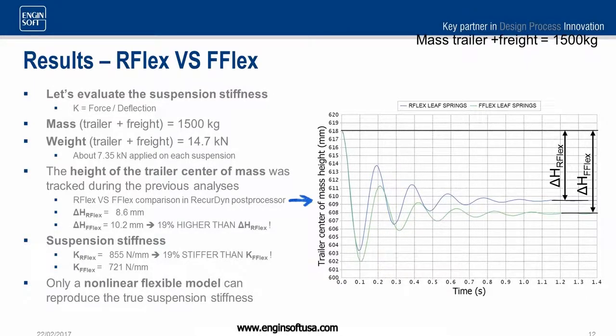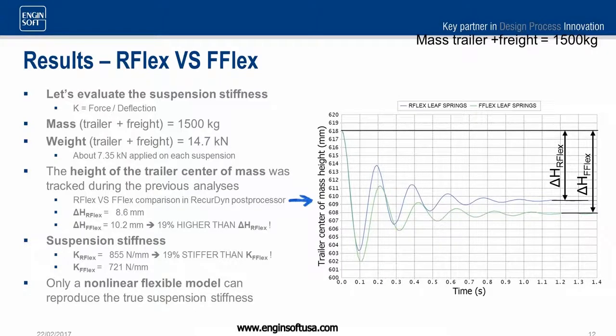The stiffness of a flexible part is defined as the applied load divided by the obtained deflection. The global mass of trailer and freight is about 1,500 kilos. That would produce a static load of about 7.35 kilonewtons on each one of the two suspensions.